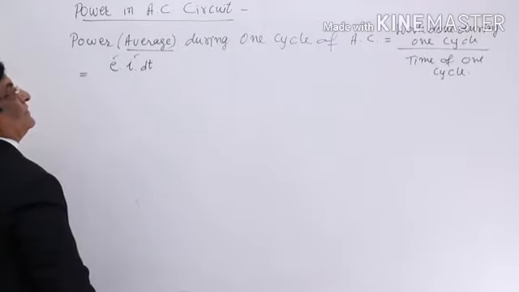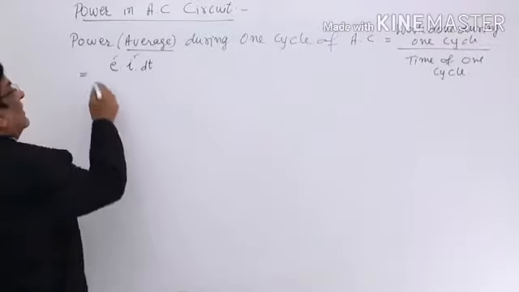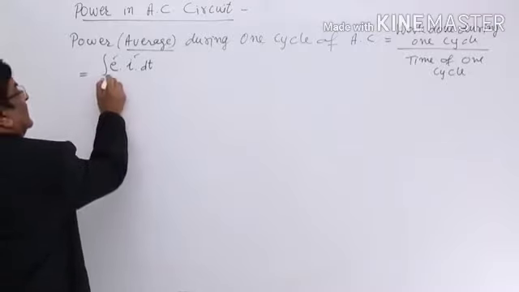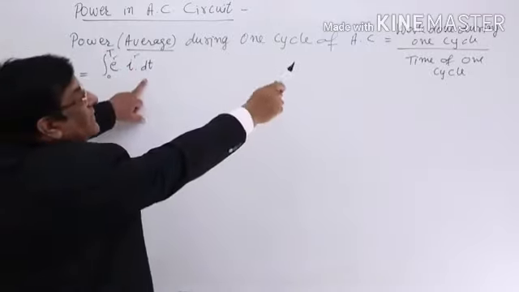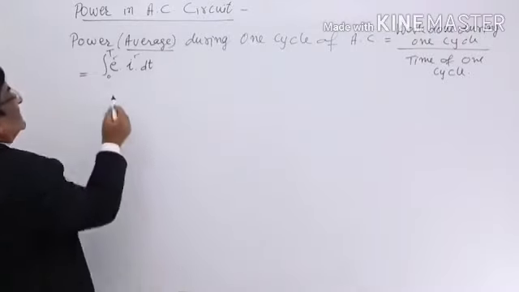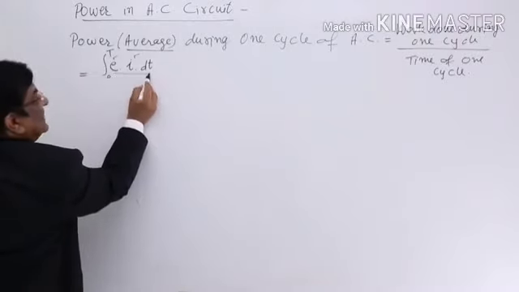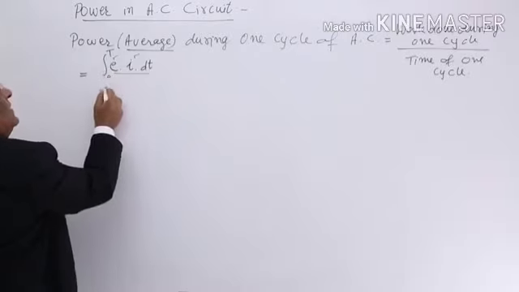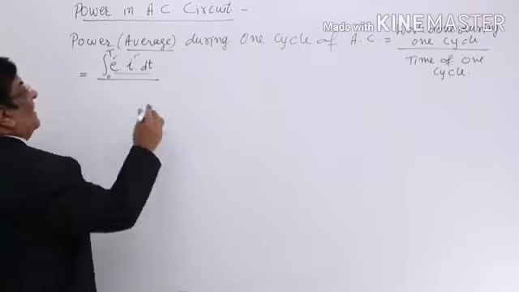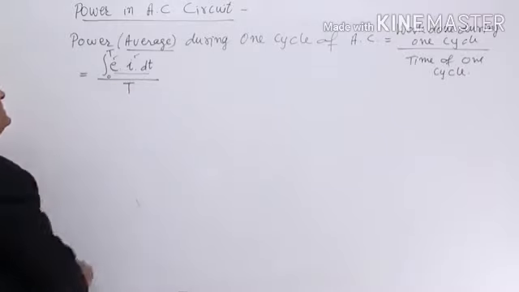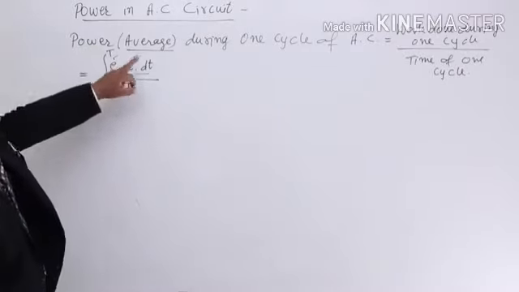Then what will be the total work done? Total work done will be the integration from 0 to T. This is work done during one cycle. This is work done for an instant. This is work done for one full cycle divided by the time of one cycle. This gives what? Average power.